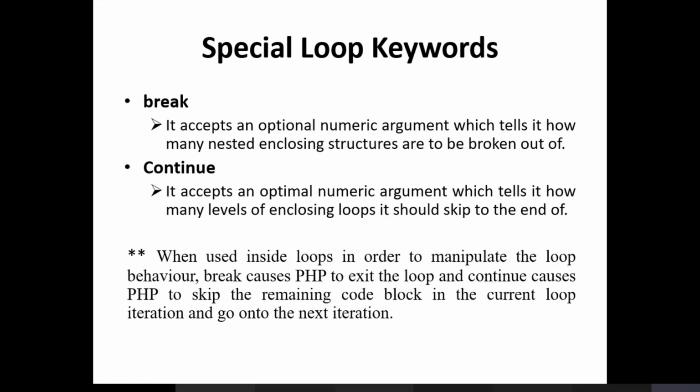So what it means is, if you use continue inside a loop, it skips that particular code snippet where the continue is mentioned. And break tells us how many nested enclosing structures are to be broken out of, meaning where the code will be reverted back out of the loop.